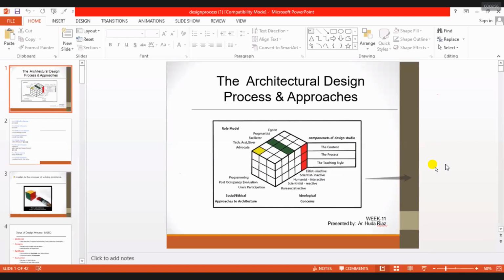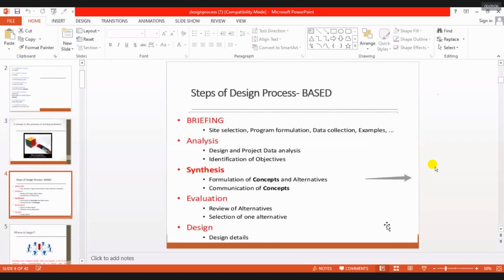You can take inspiration from the castles on the seashore. So these are different ideas which you develop during the process of synthesis. So first of all, you are systematically organizing the analyzed data through briefing and analysis, and then you formulate your idea by organizing these concepts.